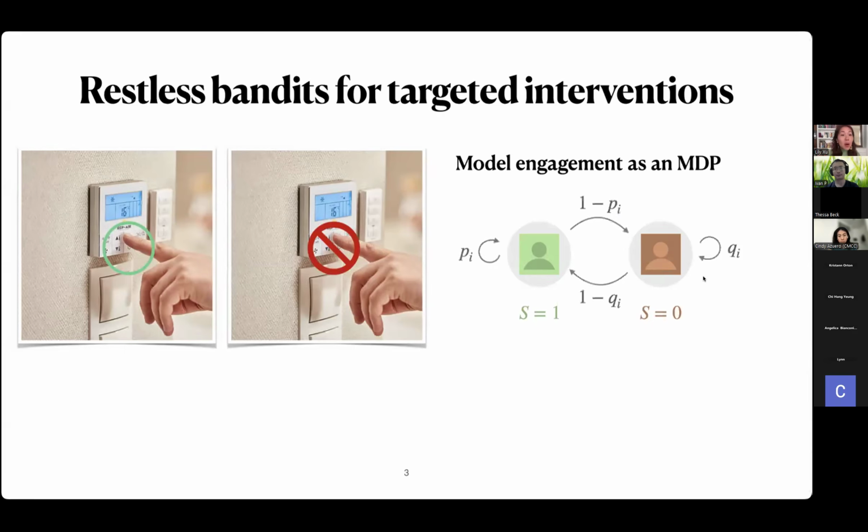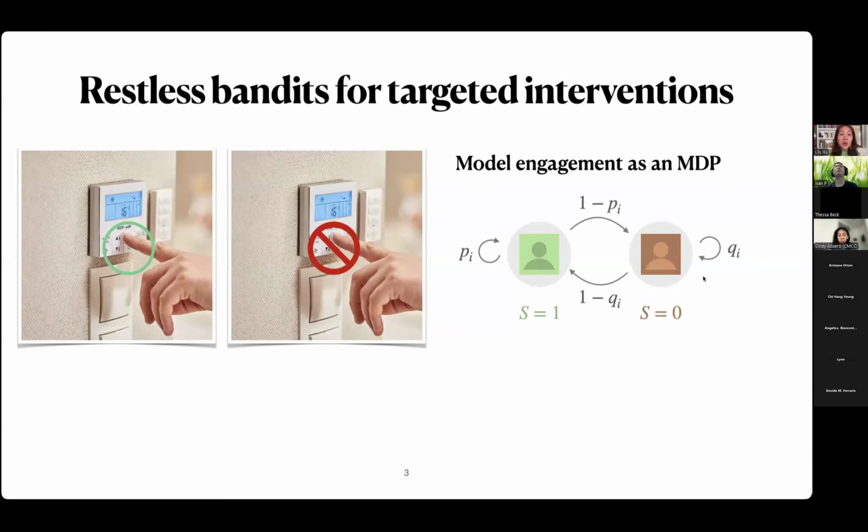There is some probability that they'll transition from the engaging state to the non-engaging state. So on any given day, there's some probability that they'll turn off their schedule because of some conditions in their daily life where that need arises. And if they're in that non-engaging state, there's some probability that they'll go back to enrolling in that schedule.